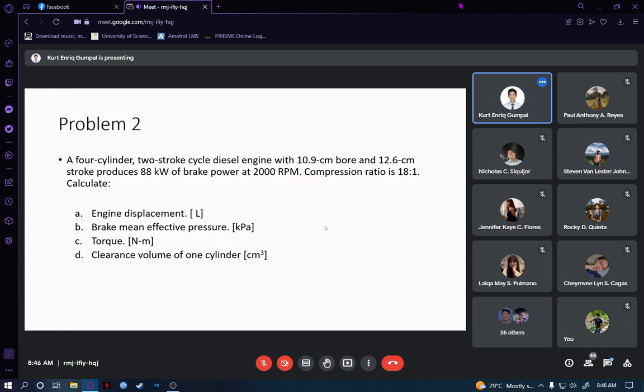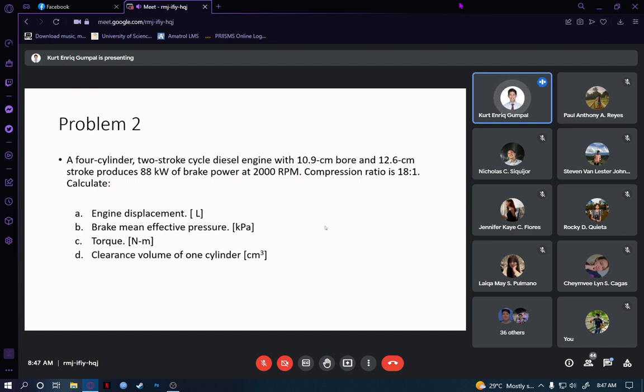Okay? So you have a 4-cylinder, 2-stroke diesel cycle engine. Your bore is 10.9 centimeters. Your stroke, or the length of your stroke, is 12.6 centimeters. It produces 88 kilowatts of brake power at 2,000 RPM.